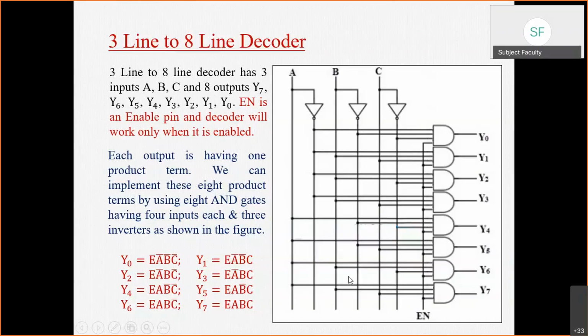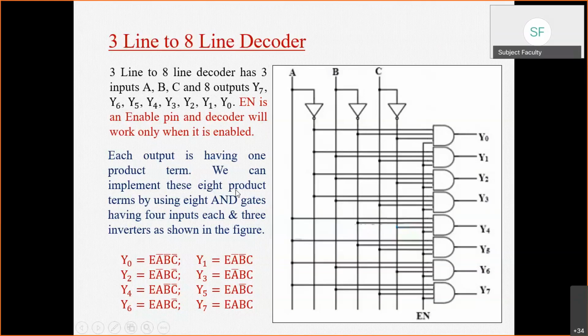Just the representations have changed, otherwise everything is the same. For the 1:8 demultiplexer there were 3 select lines, but here the 3 are inputs A, B, C, and the data input there is nothing but the enable input E here.